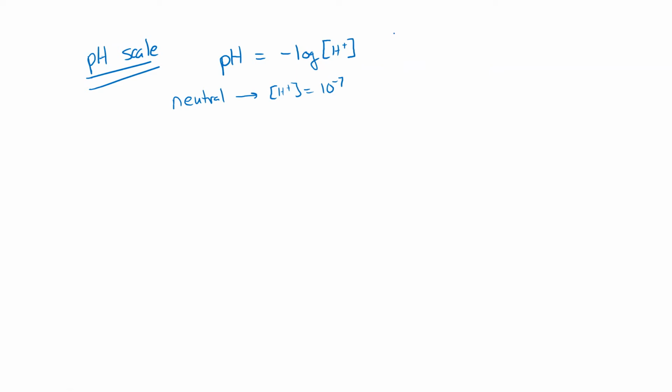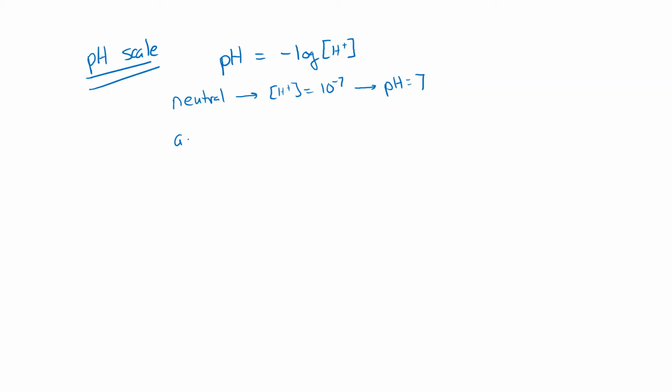So we get negative 7. And so in a neutral solution, the pH is 7. Now that's probably a fact that you already knew, but this is where it comes from. When we know the Kw and can figure out the concentration of H plus in a neutral solution, then we know that the pH has to be 7 because of how we define pH.